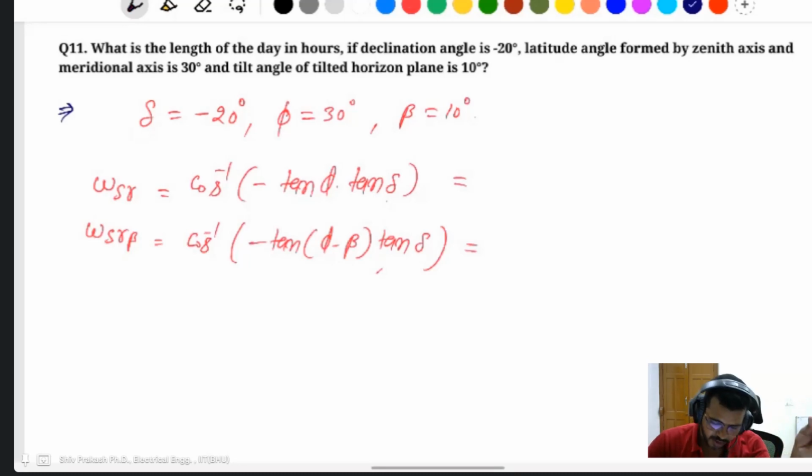Then we calculate omega SR. Phi is given as 30 degrees, and del is given as minus 20 degrees.